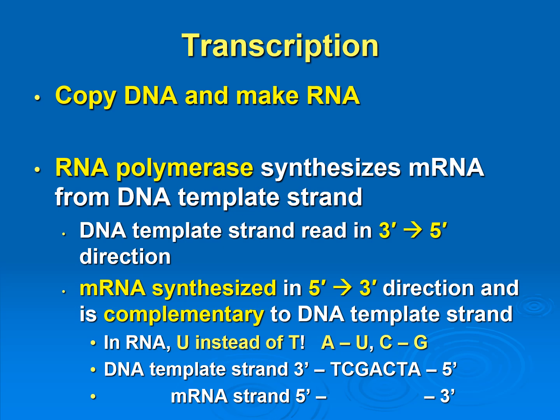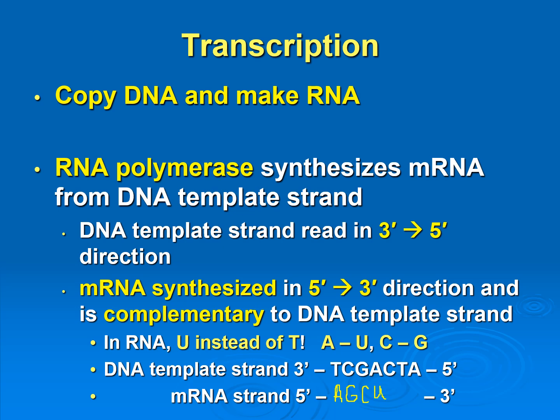Okay, so if I've got this DNA template strand here running 3 to 5 prime, let's fill in our messenger RNA strand that we're going to be making from the DNA template strand. So if I've got a T here in the DNA template strand, the messenger RNA would have an A, and then if I've got a C, I have a G. If I have a G, I have a C. And if I have an A in the DNA template strand, I would have a U in the messenger RNA.